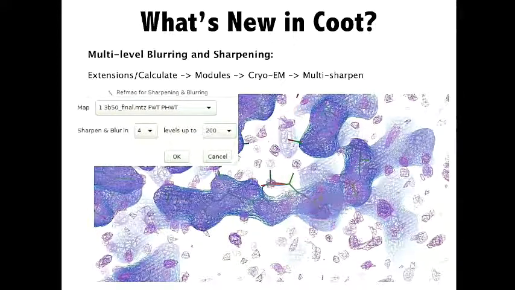You can specify how many levels of sharpening and blurring you want, and what the B factor range should be that you're sharpening and blurring by, in which case you'll be able to view multiple maps at once with different levels of sharpening and blurring, which really can help to improve interpretation for both low-resolution MX and high-resolution cryo-EM map interpretation.